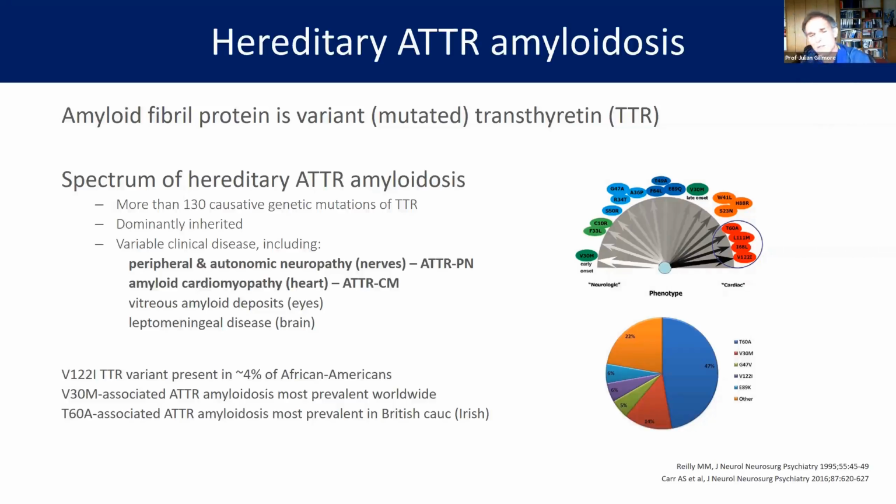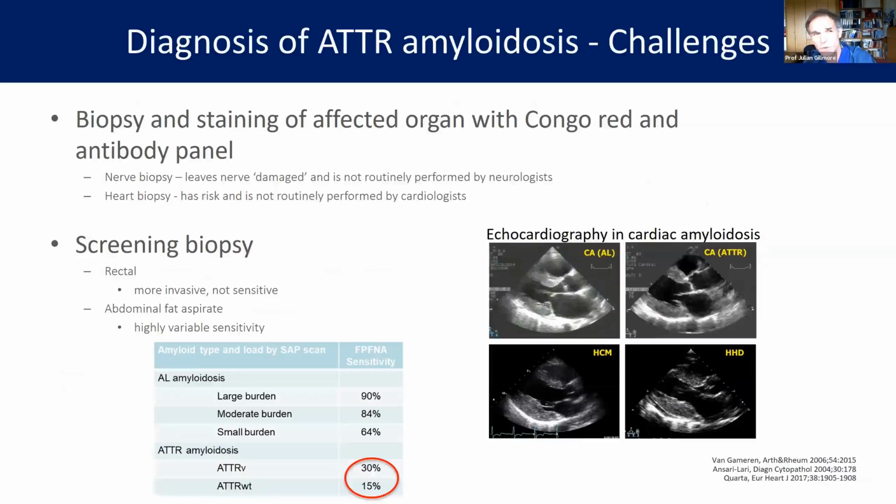So 4% of Black people in the UK carry this genetic mutation. And that puts them at risk of developing predominantly a cardiomyopathy. The clinical condition is very similar to the wild type ATTR amyloidosis and causes a predominant cardiomyopathy with usually minimal or no neuropathy. Although, again, occasionally patients can have very significant neuropathy.